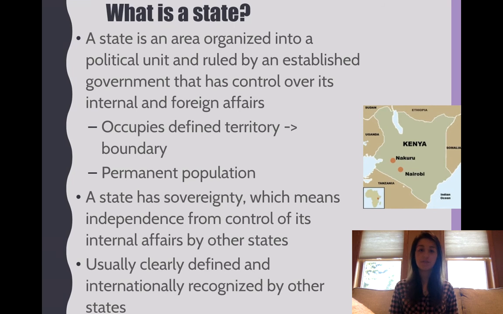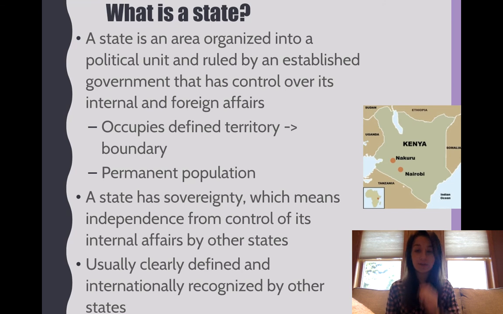A state basically is a place that has a boundary, some kind of permanent population, and it has control over internal and external threats, and it has sovereignty. Sovereignty means independence from other states. Usually the state has very clearly defined borders, and other states also recognize the borders.